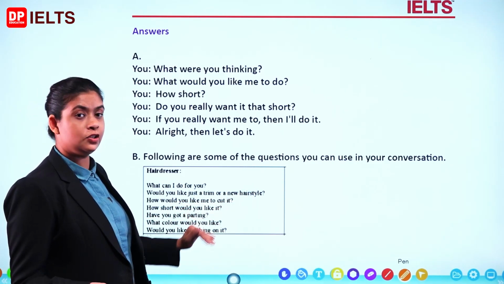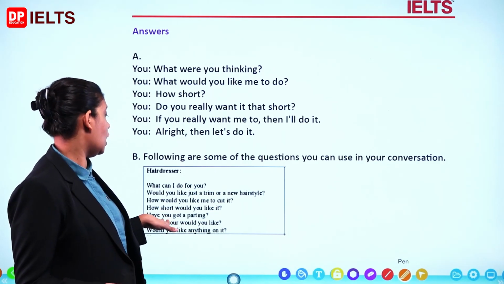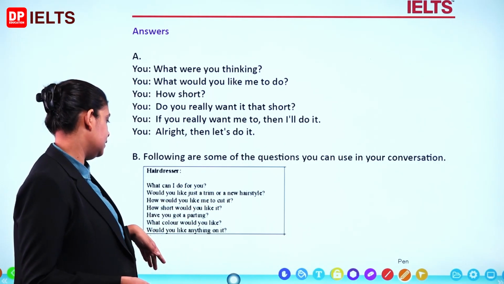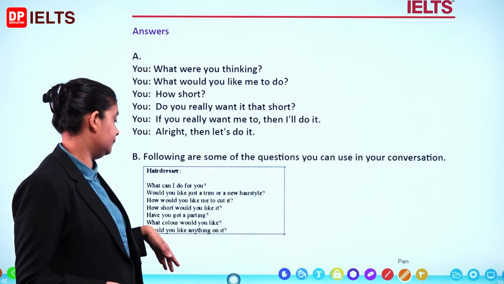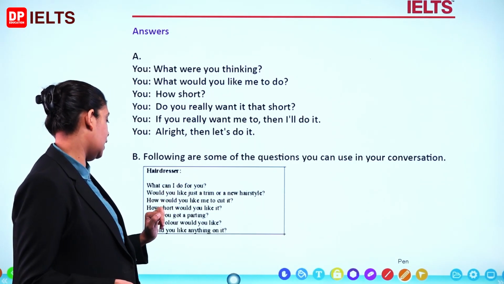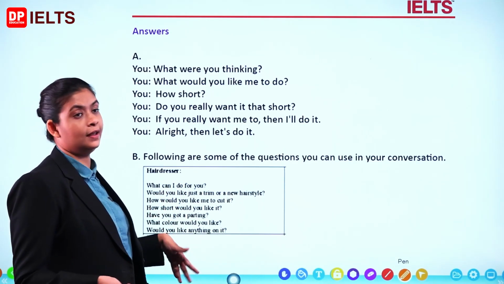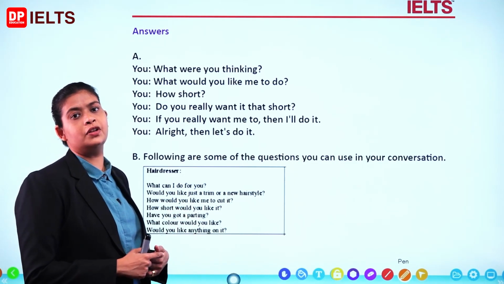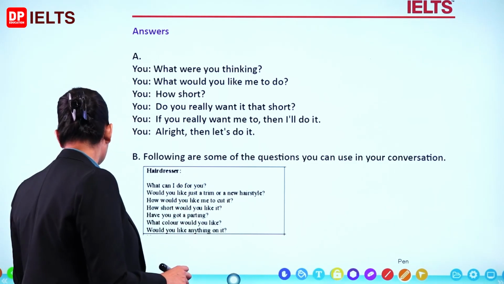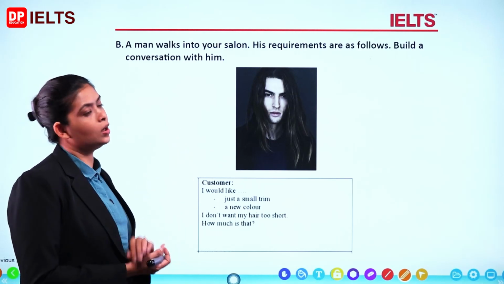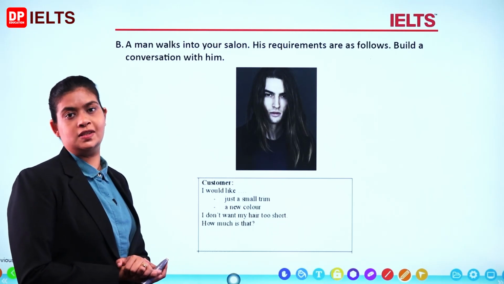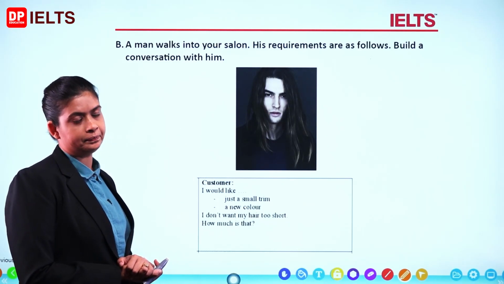How would you like me to cut it? How short would you like it? Have you got a party? What color would you like? Would you like anything on it? So you could ask different questions. Develop your own conversation.